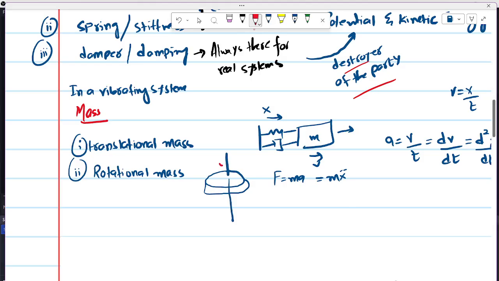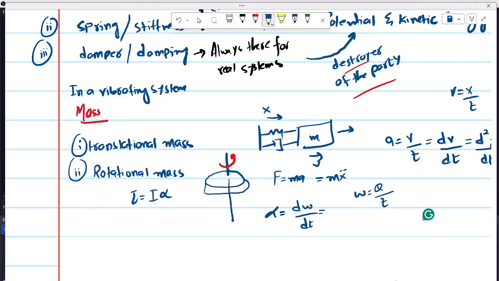And you start rotating that disk to apply the rotational force, so the inertia of that disk will try to maintain its original position. So here it will be represented as torque, that's equal to moment of inertia times alpha, where alpha is the angular acceleration. So alpha is d omega over dt, and omega is d theta over dt.